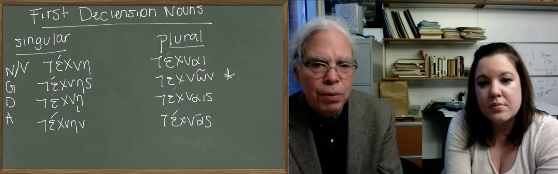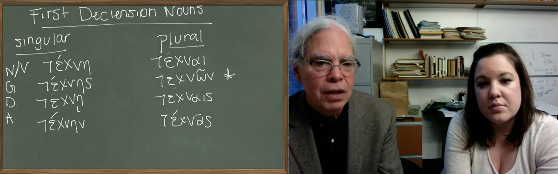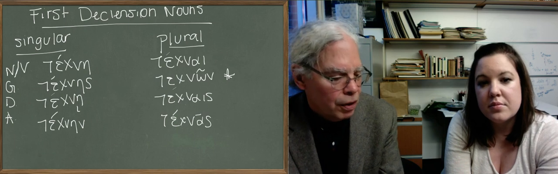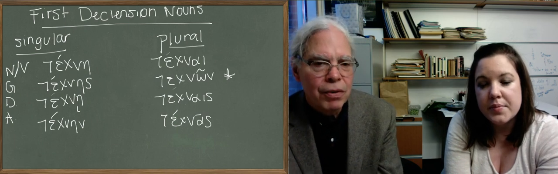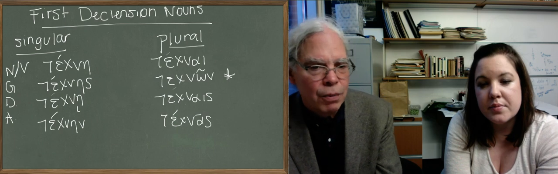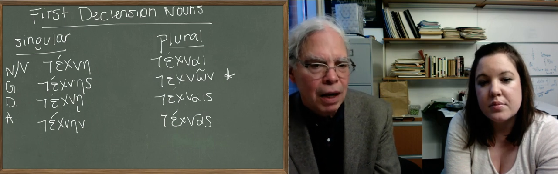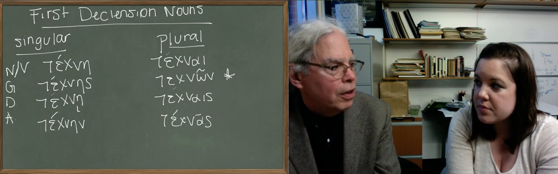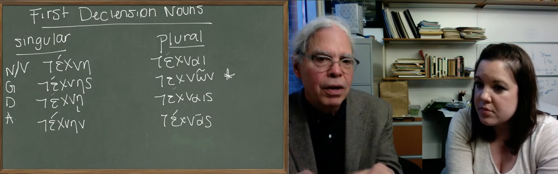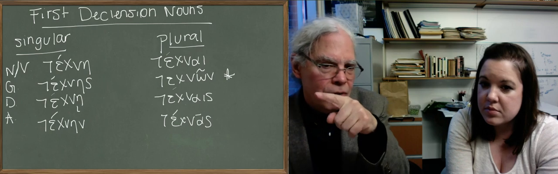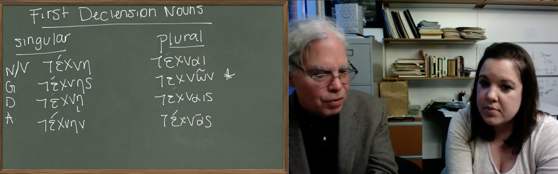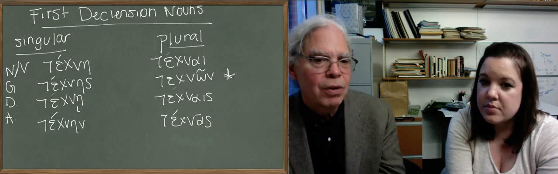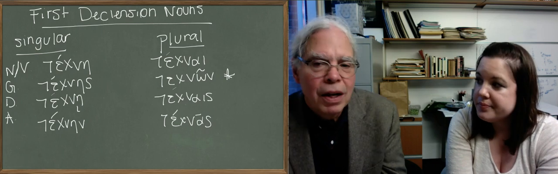The genitive plural of all first declension nouns is own with a circumflex over the omega. There are historical reasons for that. It comes from aon. It was originally teknaon, and when the vowels there, the alpha and the omega, contracted into one, because you had a rising tone on the alpha and the tone goes down on the next syllable, it became a circumflex. Okay, so we've got that everywhere.